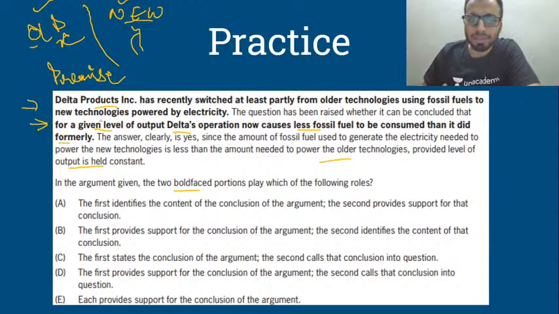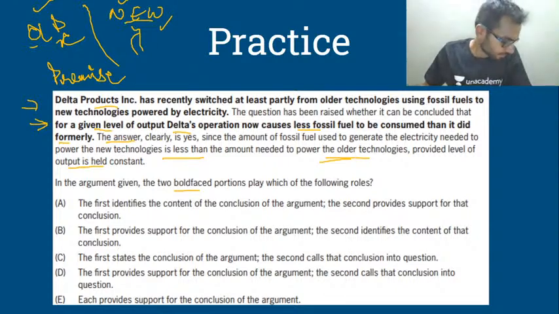So the answer, this is the conclusion. The answer clearly is yes, since the amount of fossil fuels used to generate electricity needed to power the new technologies is less than the amount needed to power the older technologies. How is it less? Because new is already using electricity, right? So this is the conclusion, this is the premise.